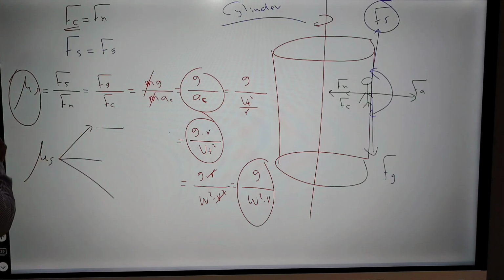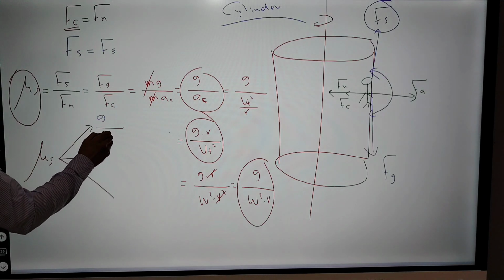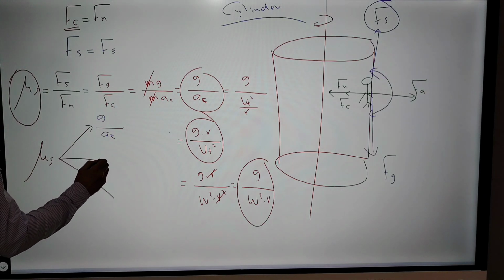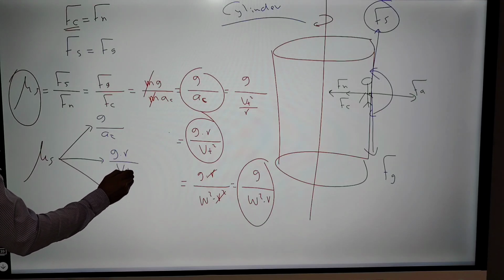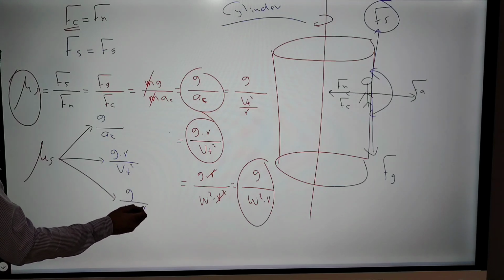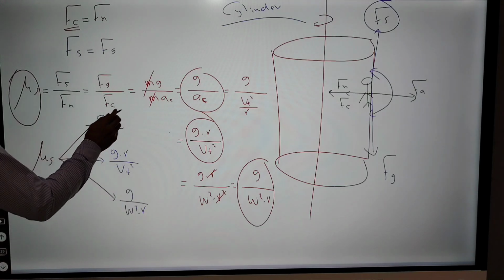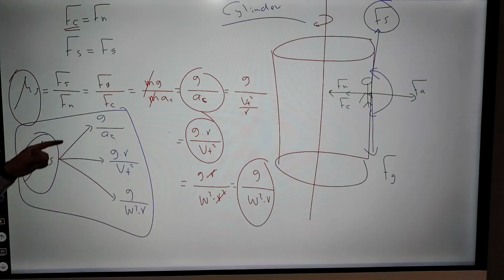Okay? So, mu s, we have three equations. The first equation is equal to what? Is equal to g over ac. The second equation, gR over Vt squared. The third equation, g over omega squared R. So how many equations do we have to find coefficient of static friction?